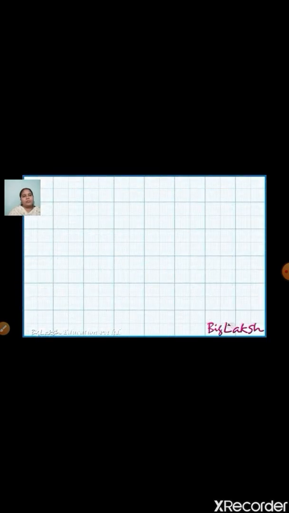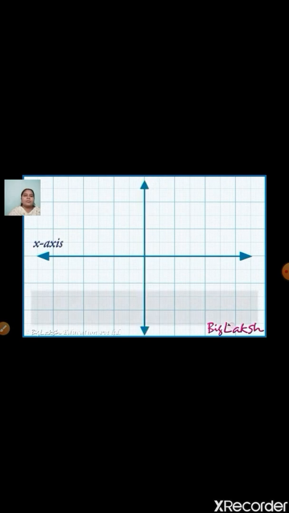Now, we will learn how to locate points on a graph sheet. For locating a point, we need two straight lines perpendicular to each other. The horizontal line is known as the x-axis, and the vertical line is known as the y-axis.